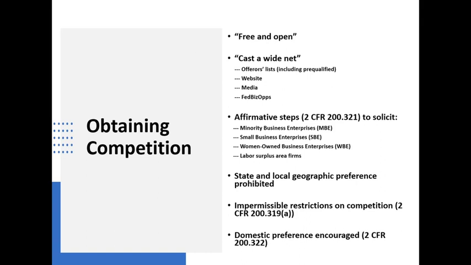And that executive order was translated into 2 CFR 200-322 that gives domestic preference encouragement. It's not an absolute requirement. The language is actually fairly flexible. But the bottom line is that the federal government's trying to use its own purchasing as well as grantee purchasing as a way to shore up the domestic economy.